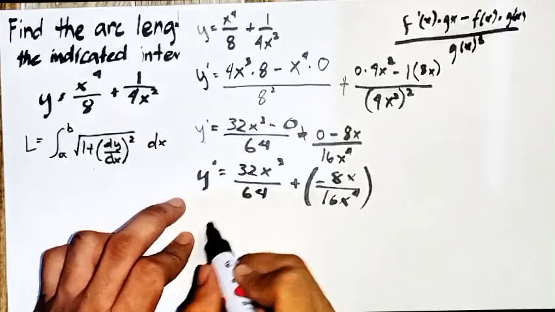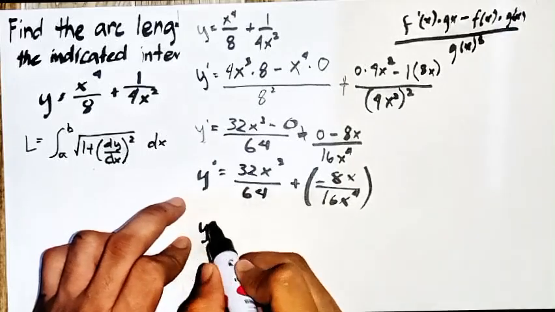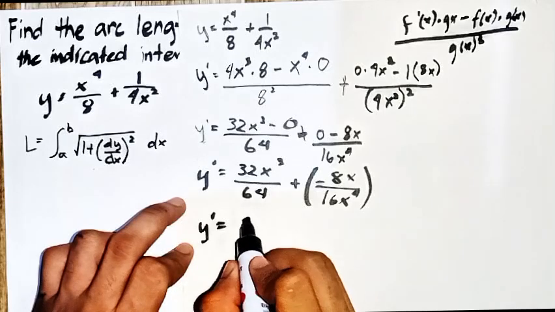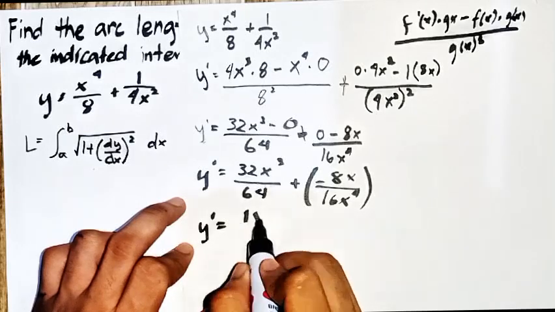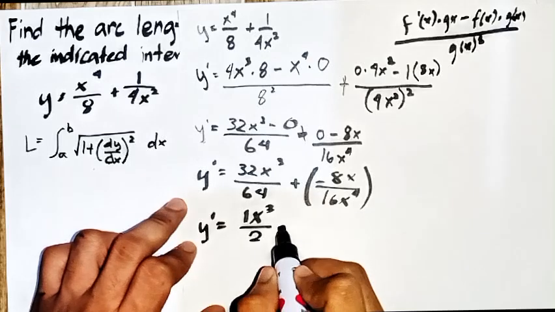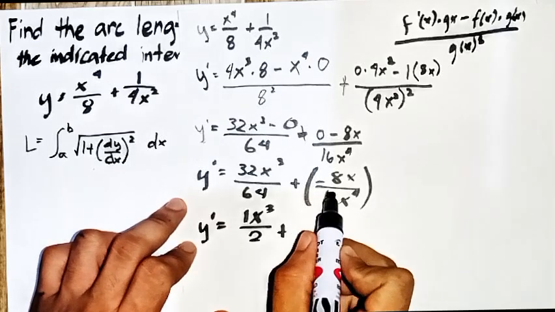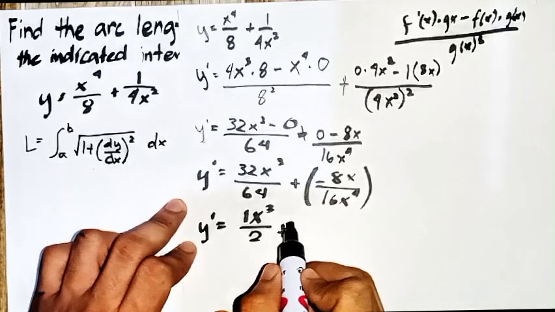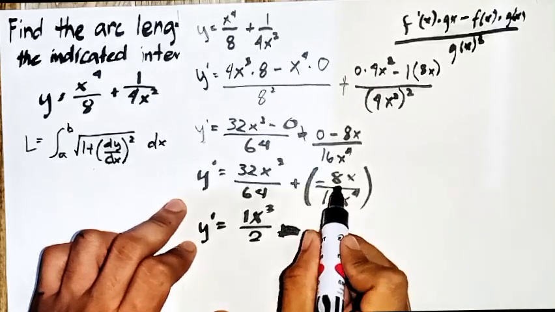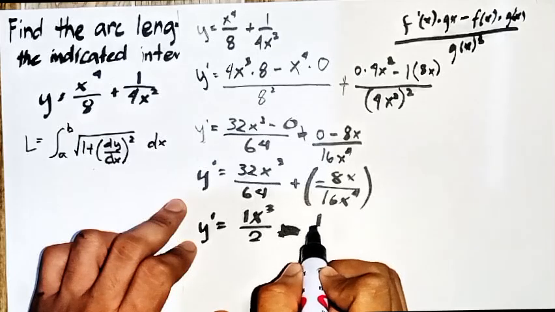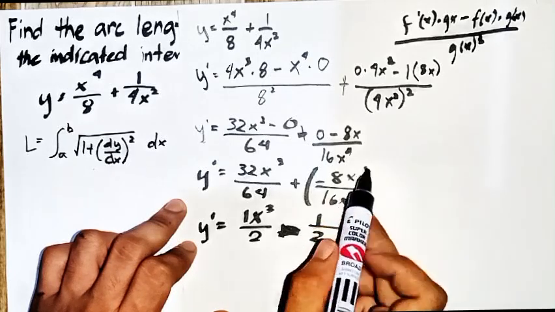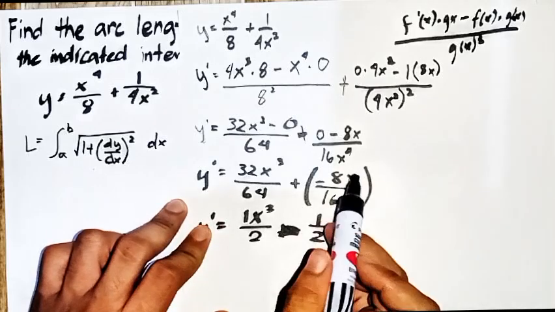Let's simplify again. y prime is equal to 32 over 64, which is the same as 1 half, right? So x cubed over 2, plus positive times negative, which is negative, so it is going to be negative. 8 over 16 is again 1 half, and x over x to the fourth, we need to subtract the powers of the numerator and denominator.